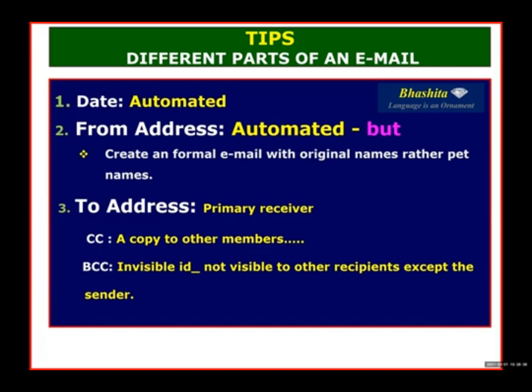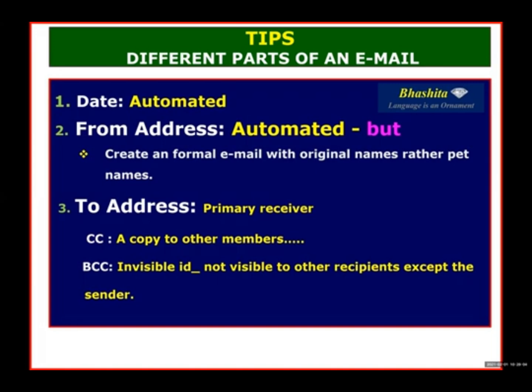But where you need to mention the to address, I have already explained the difference between CC and BCC also. To address is nothing but the primary receiver, the main receiver of the email. And CC stands for, if you would like to send the same copy to other people of the same organization as a Xerox copy, we could consider CC as a Xerox copy.